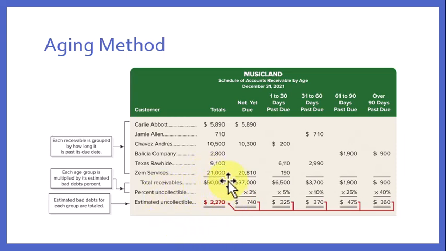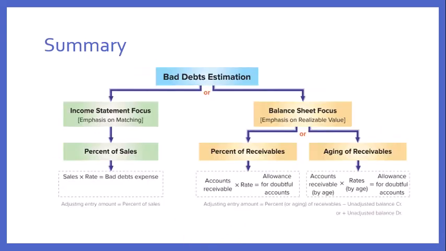This 50,000 is what we have in our accounts receivable account. This 2,270 is what we estimate should be the balance in the allowance account. Now, our adjusting entry will simply be whatever it takes to get the allowance account to a credit balance of $2,270.